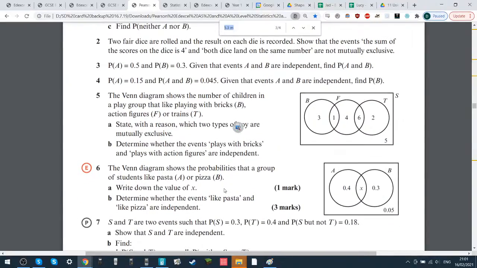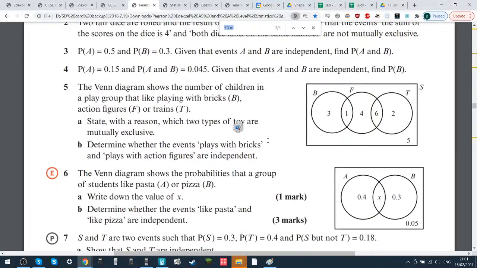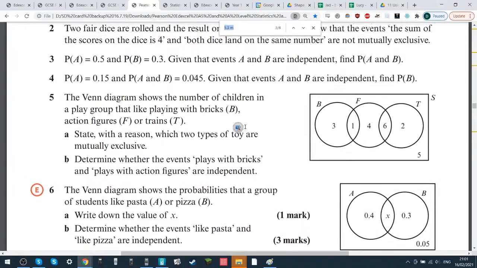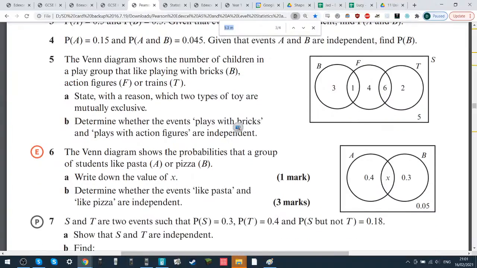Independent. No. Yep. How do we do question 4? 0.15 divided by 0.045. Yeah, well, if you wrote it down, you'd say it's the other way around. 0.045. Yeah. You'll be alright.